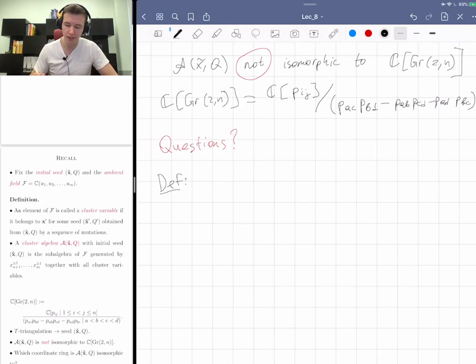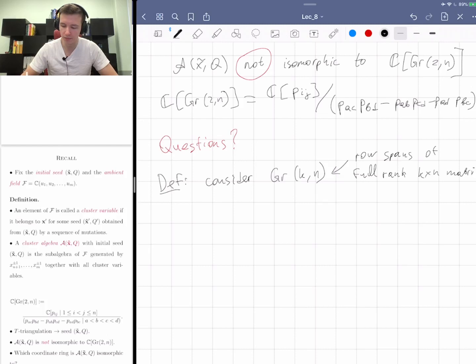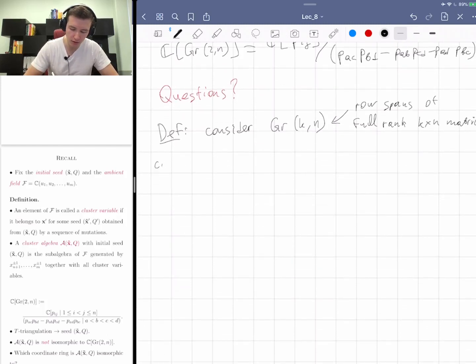The corresponding subvariety, and I'm going to do this for general Grassmannian. So consider general k, I mean Grassmannian (k,n). Right. So these correspond to row spans of full rank k by n matrices. And then what I'm going to do is consider n sets.